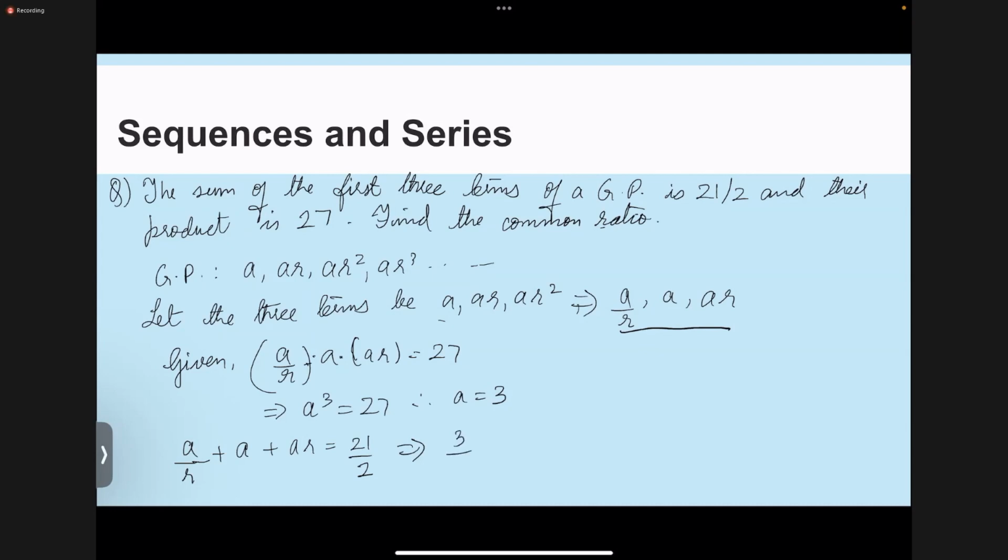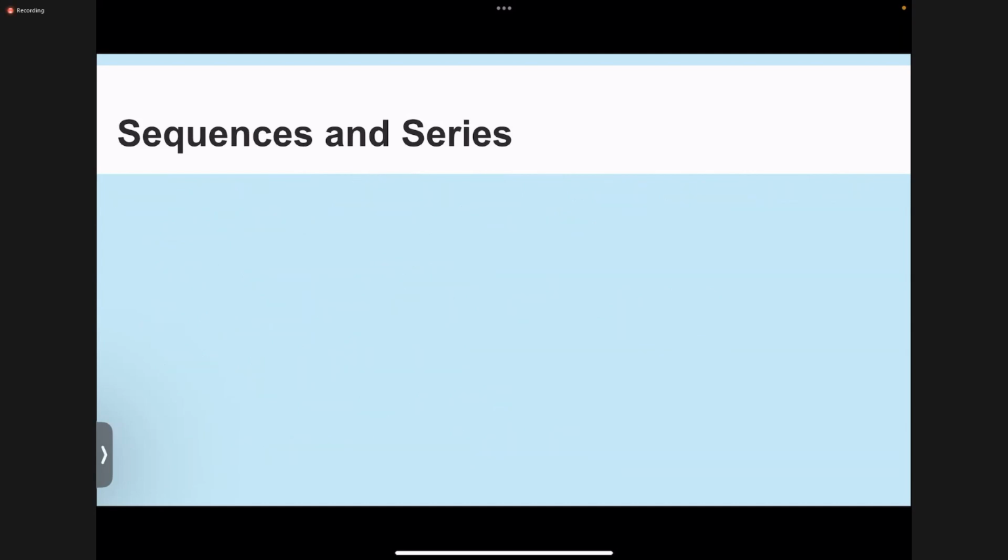So that is 3 by R plus 3 plus 3R is equal to 21 by 2. Okay, so then what you get is, taking your 3 out, you have 1 by R plus 1 plus R is equal to 21 by 2.